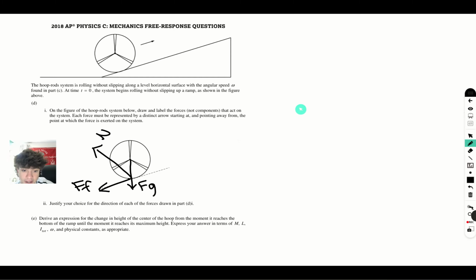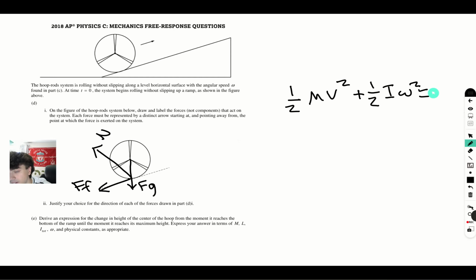So we have some translational kinetic energy, 1/2 mv squared, plus rotational kinetic energy, 1/2 I omega squared, and at the end we have mgh, where h is the height that we're looking for.